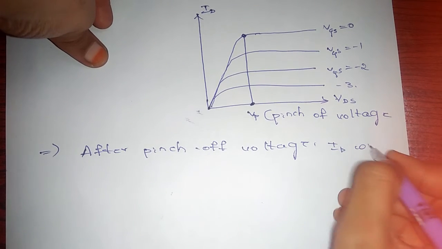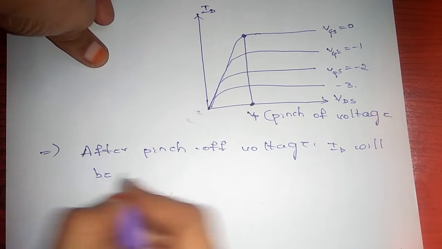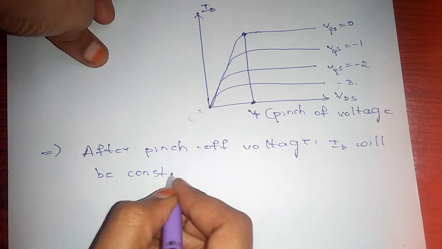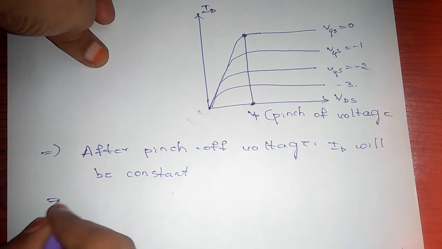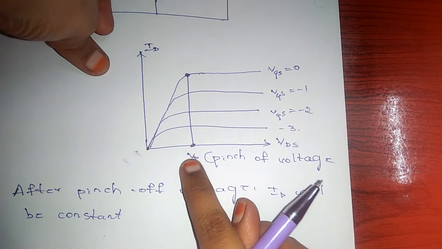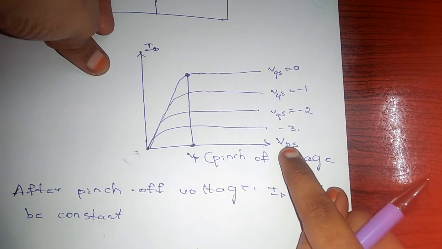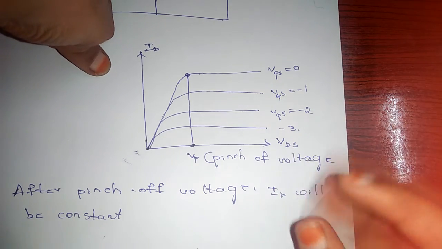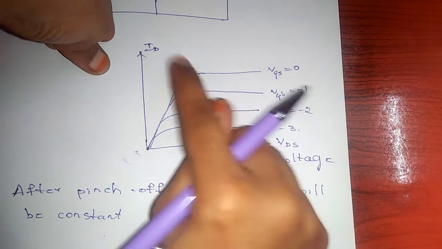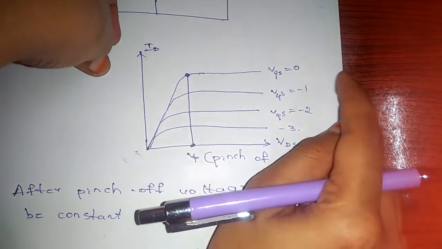ID will be constant. After the pinch-off voltage, VDD can be increased up to anywhere, and ID will be kept constant.